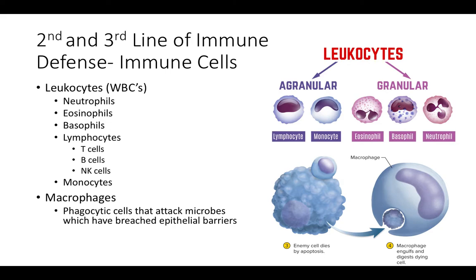The lymphocytes consist of T cells, B cells, and then natural killer cells, which we just talked about when we talked about the lymphatic system. And then macrophages, we have down here, are our phagocytic cells that attack microbes, okay? So when the microbes get through the epithelial barrier, or that first line of defense, we have these macrophages or phagocytic cells that will attack those microbes and engulf them.